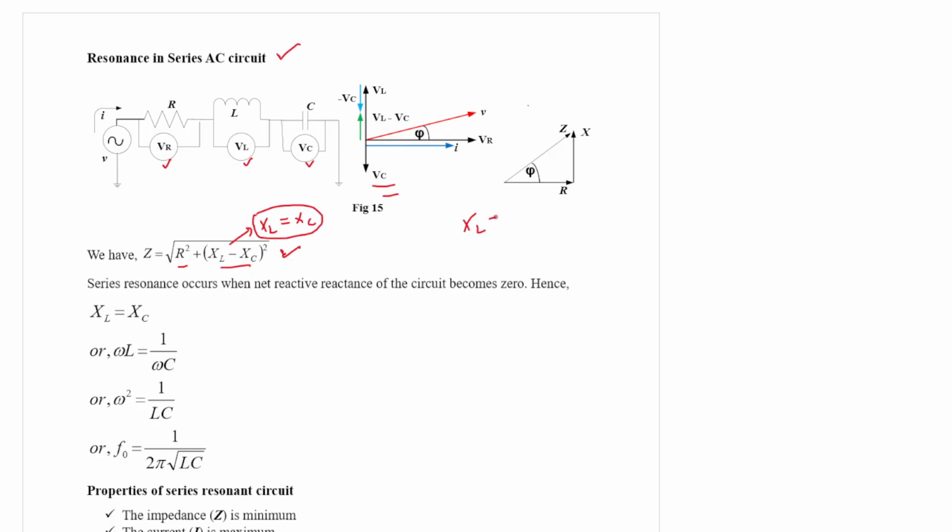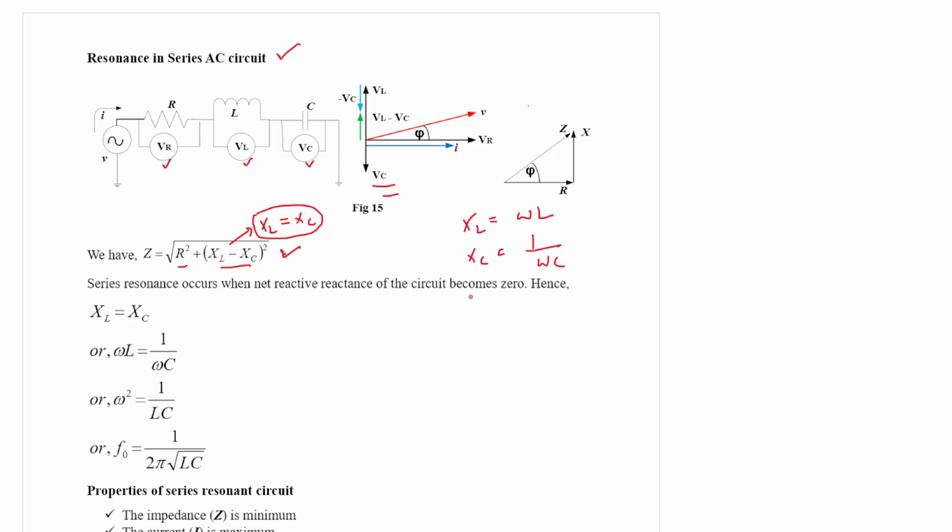You see, XL is omega L and XC becomes 1 by omega C. So at a low value of omega, XL is less but XC is high. However, if omega is increasing, then XL starts increasing but XC starts falling. So at some frequency, XL becomes XC.